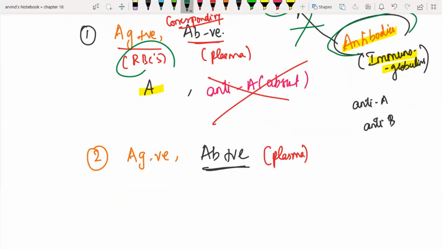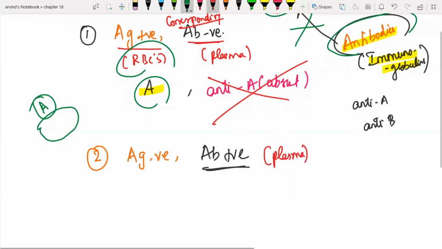Let us take this example itself. When I say an RBC is containing A antigen, right, which means what? It is obviously understood that B antigen is not there.